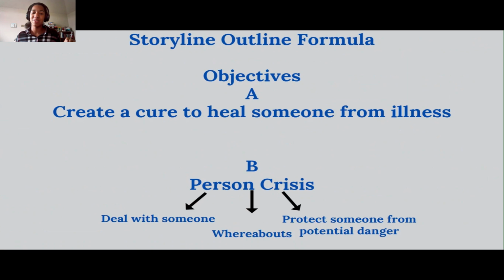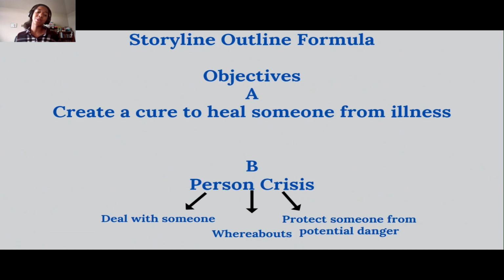Okay, example. So this is my example, but I avoid using the names because of spoilers. We have our main objective, which is to create a cure to heal someone from illness. Don't judge, okay? B, personal crisis. So pretty much this person is going through an identity crisis, kind of, and figuring it out.